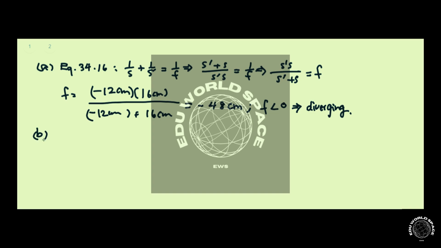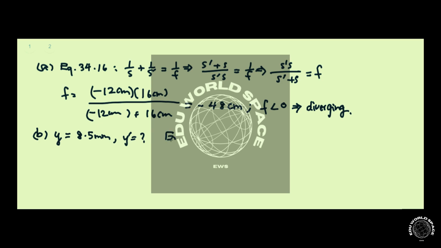Now let's do part B. We're given the height of the object as 8.5 millimeters, and we want to find the height of the image.